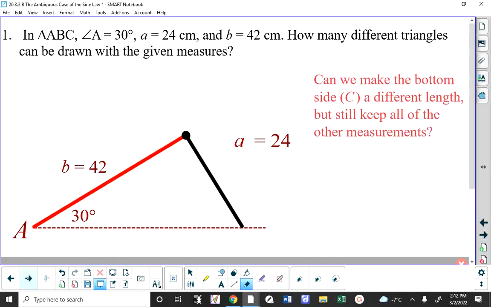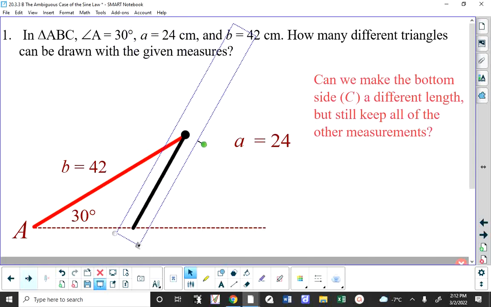So hand up and then down if you think you know that you could draw A in a different way to get a totally different looking triangle. It would still have 30 degrees, still have 42, and still have 24. This is what you would do. You'd take this line of 24, let's draw it to there.